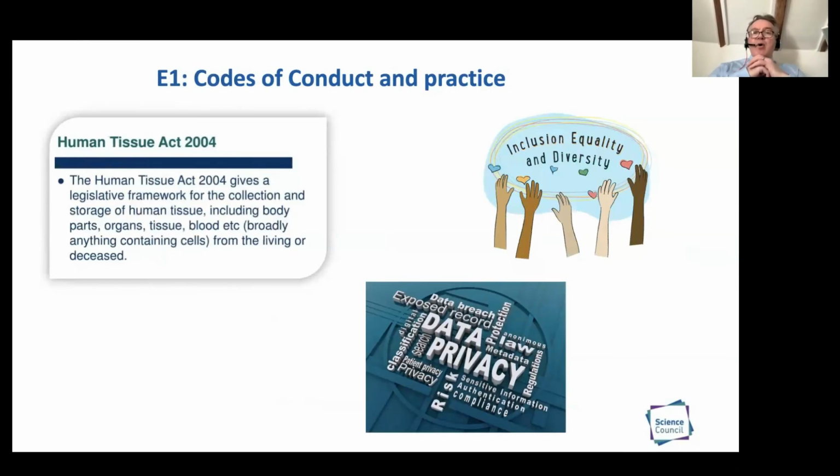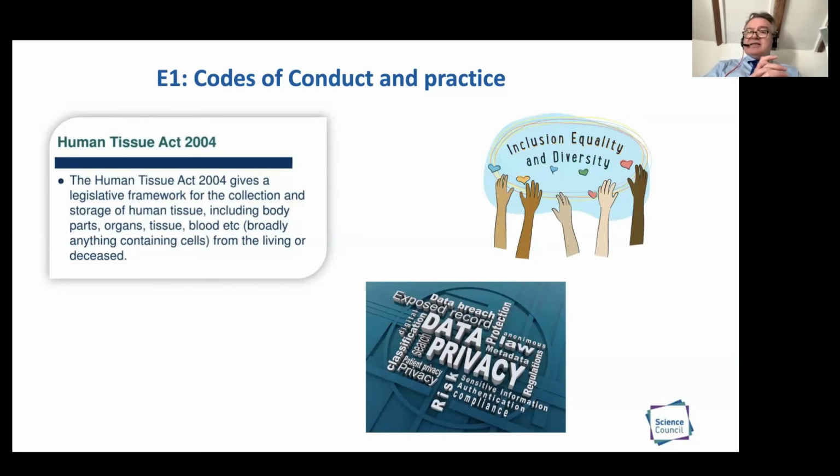Finally, there is one more competency that I actually haven't discussed, okay? And that is competency E. And really, E is broken down into E1 and E2. E1 is about codes of conduct and practice, okay? So this can be aspiring, or should I say being mindful of ethical codes.